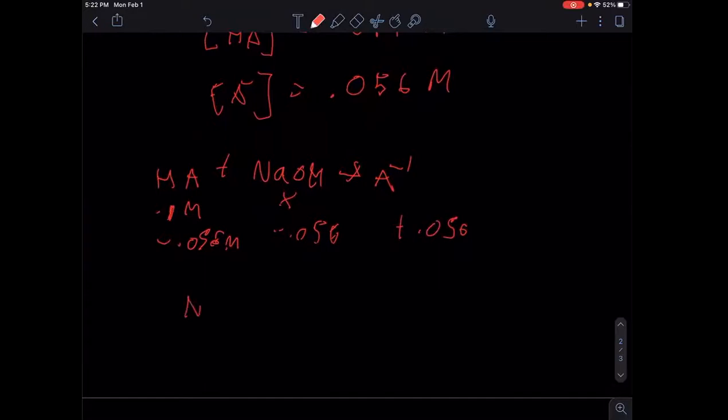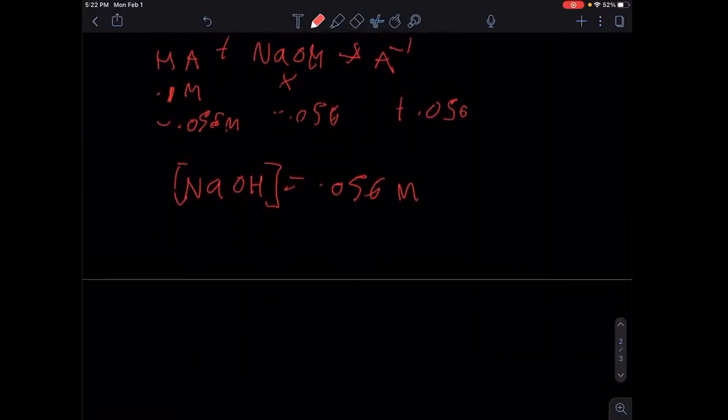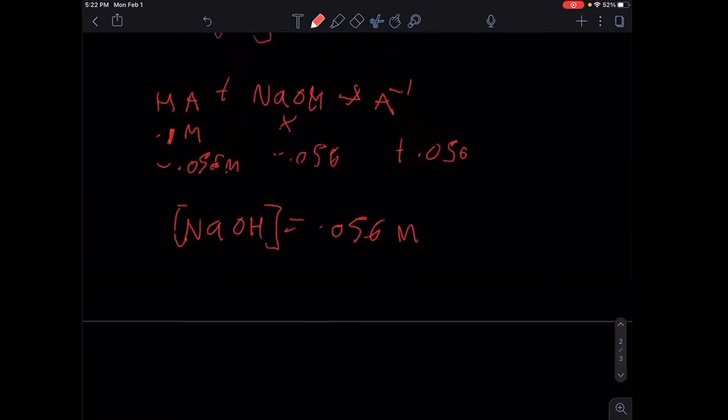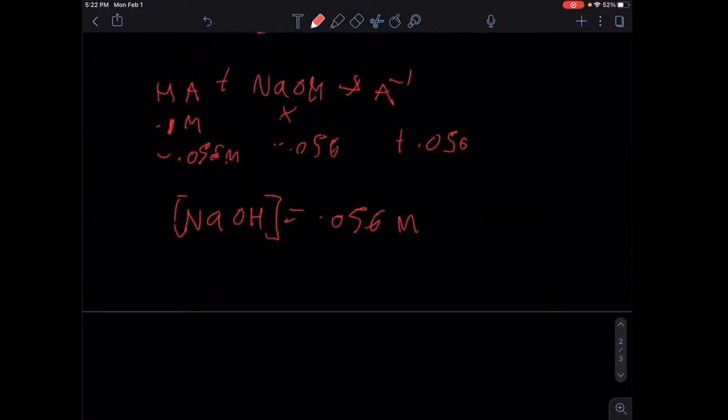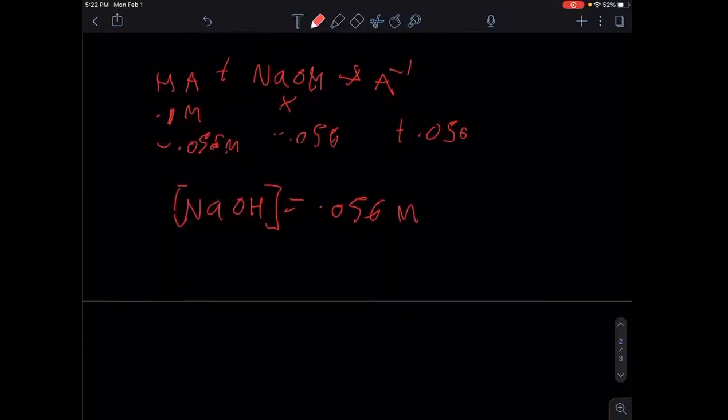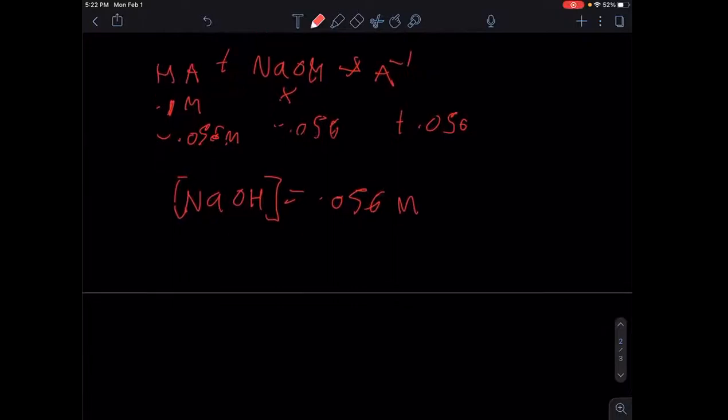So we're saying 0.056. And so is sodium hydroxide also a powder, and we have to make that solution, or is the stock solution 1 molar? The stock solution is 1 molar, so we'll just need to dilute it, I guess. Yes. So we are adding 0.056 molar, and we can use the C1V1 equals C2V2 equation.